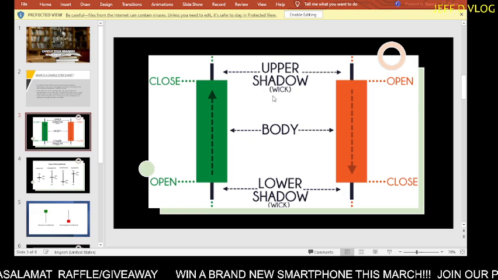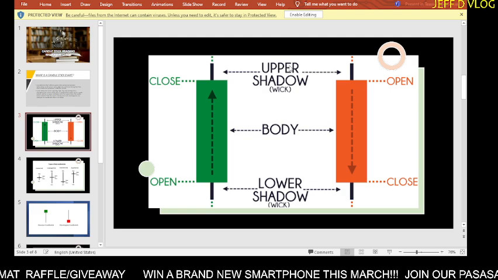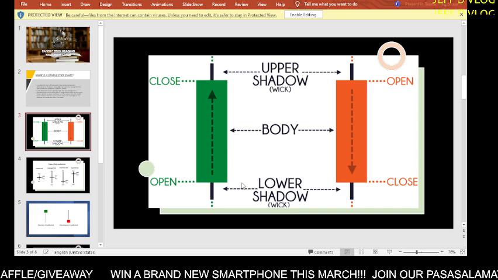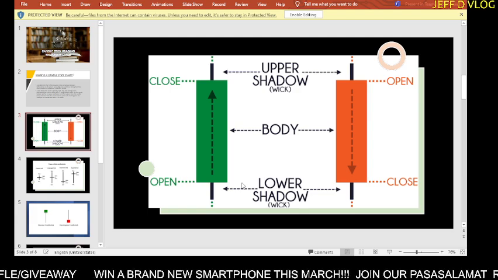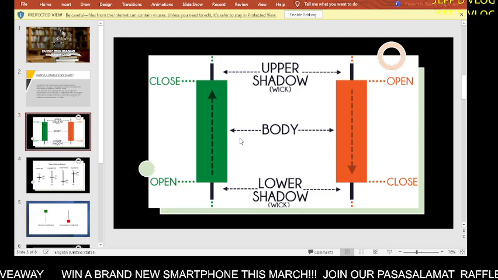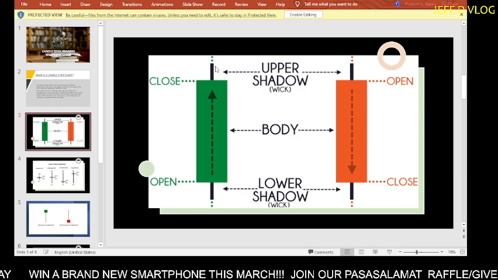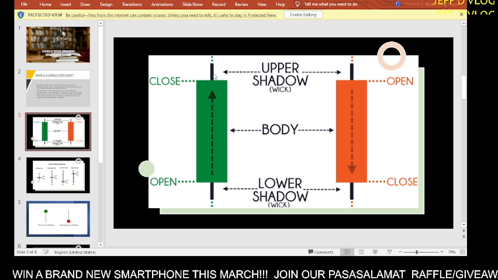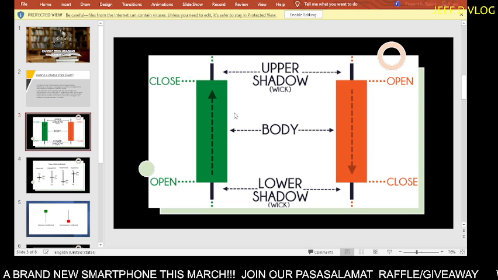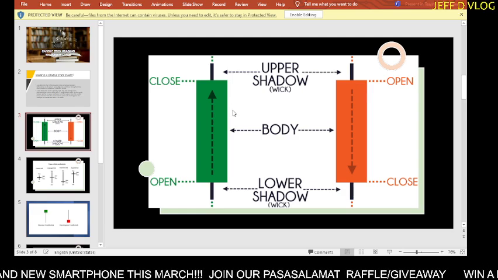This is what we call the shadow, or the wick, with an upper shadow and a lower shadow. The wick is a thin line that extends from the top to the bottom of the body of the candlestick.